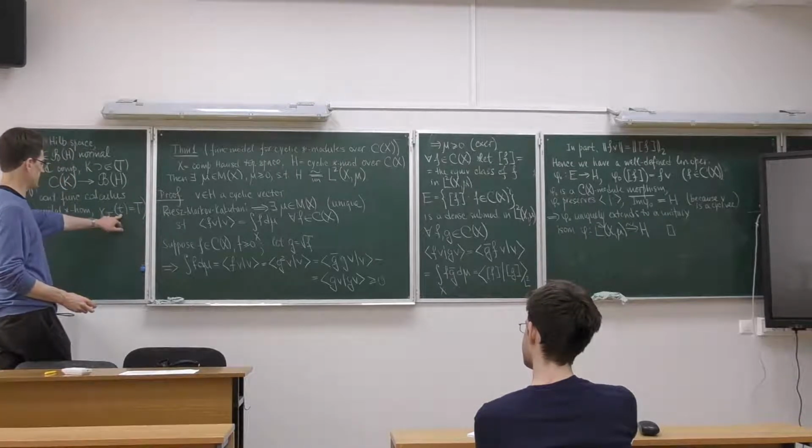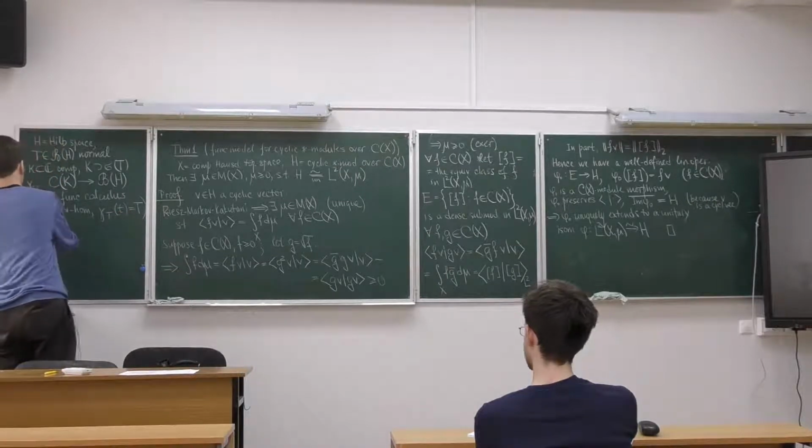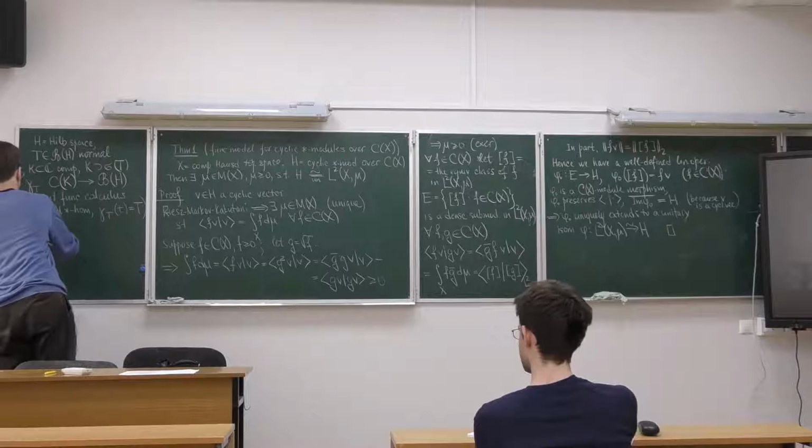It takes a little t to our operator, where little t is the inclusion map of K into the complex plane.